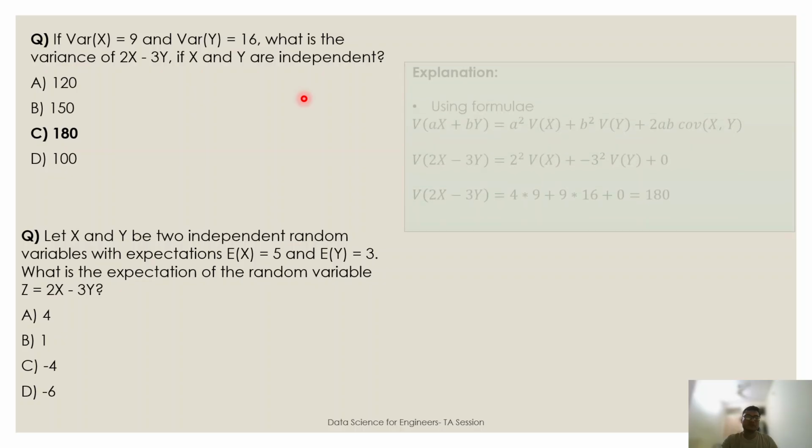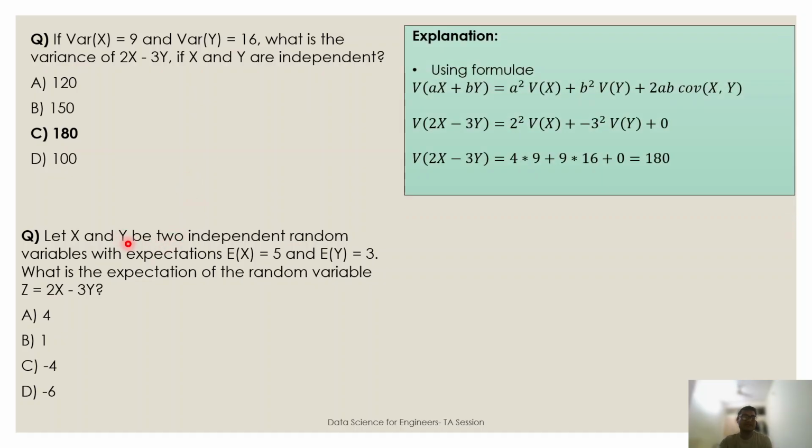Moving towards the next question. Let x and y be two independent random variables with expectation 5 and expectation 3. What is the expectation of the random variable 2x plus 3y? Again, that's a simple formula. Okay, B, correct, Prakash.